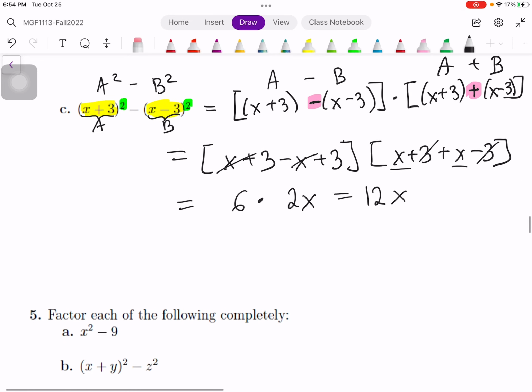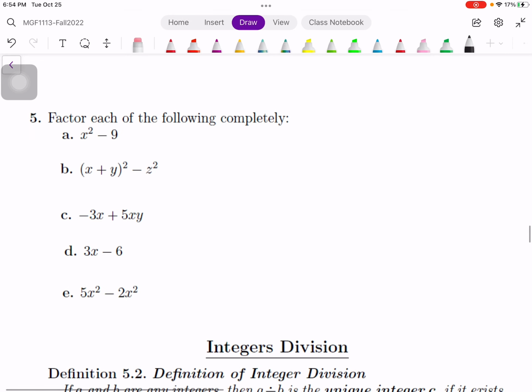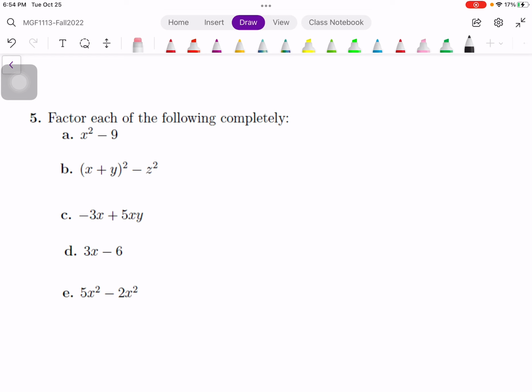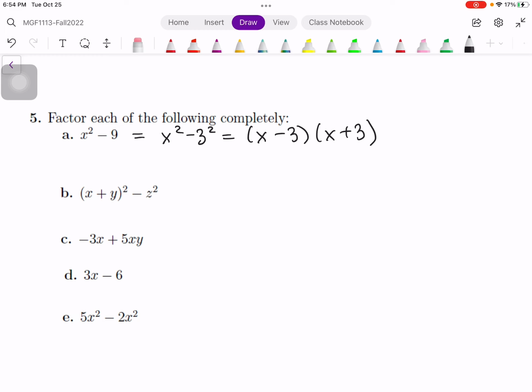Okay, so that was a tricky one. Let's keep following this thing and let's keep factoring. So if I can write something as difference of squares, then remove the squares, it gives you x minus 3, and write the same with the sum. And this is, you know, difference of squares playing out. Same here.